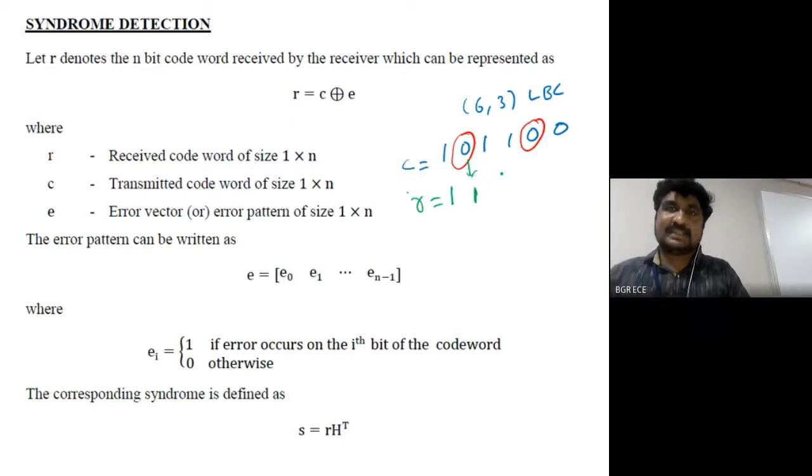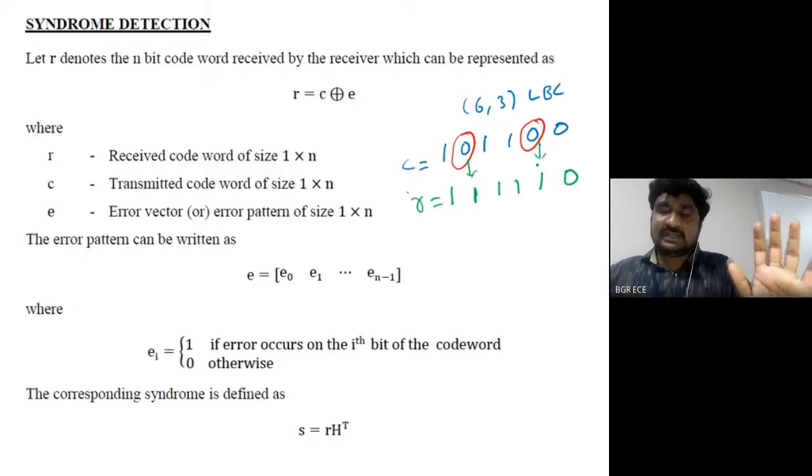That means instead of 0, it will be assumed that 1 is received. That is called an error. And all other remaining bits are used as they are.